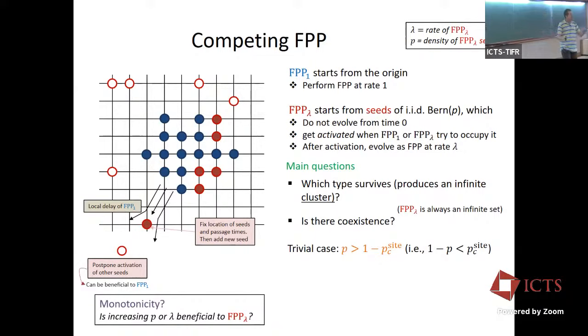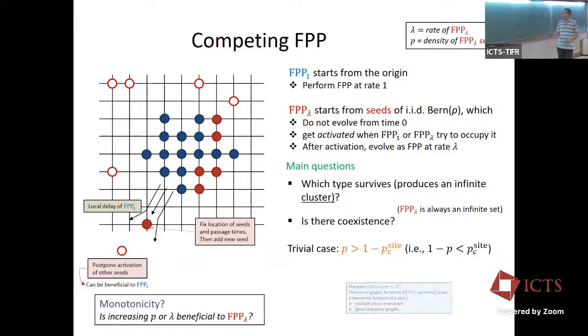So it's very easy to come up with the passage times and location of seeds so that adding a seed makes you switch from a regime where type 1 dies out to a regime where type 1 survives. So adding a seed helps type 1. It's counterintuitive at first, but it's easy to convince yourself that it can really be done.